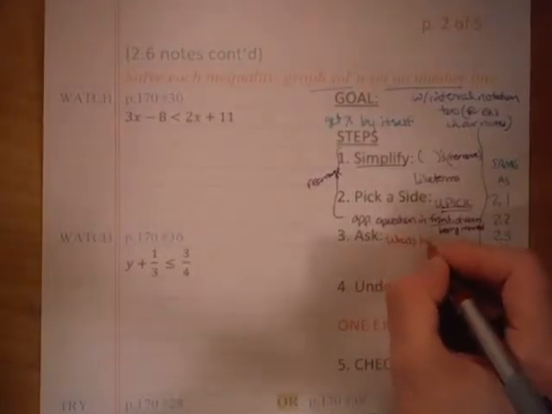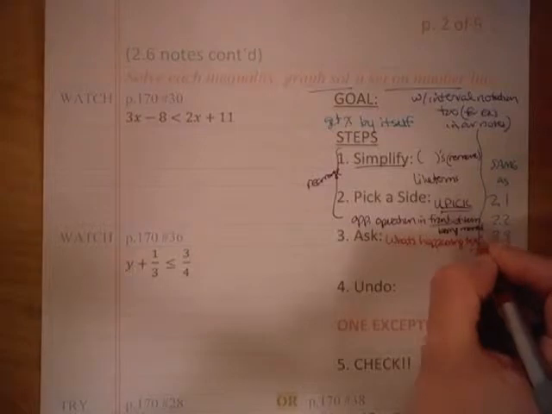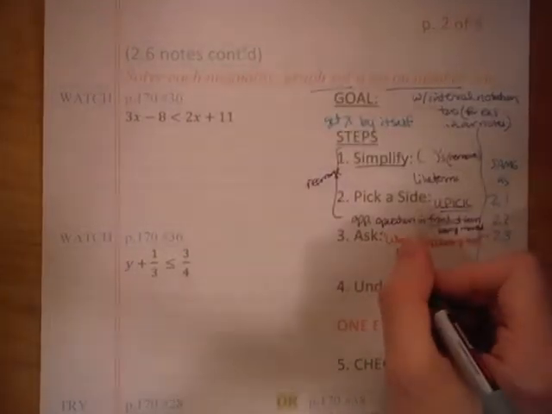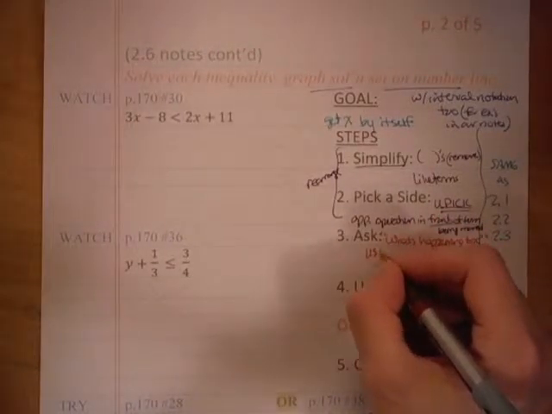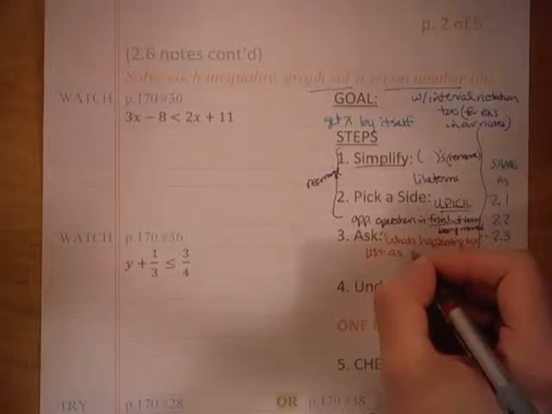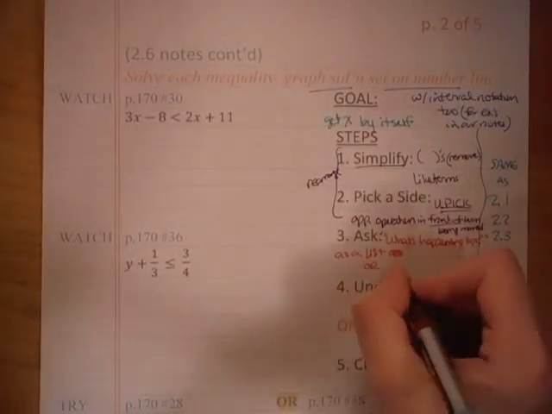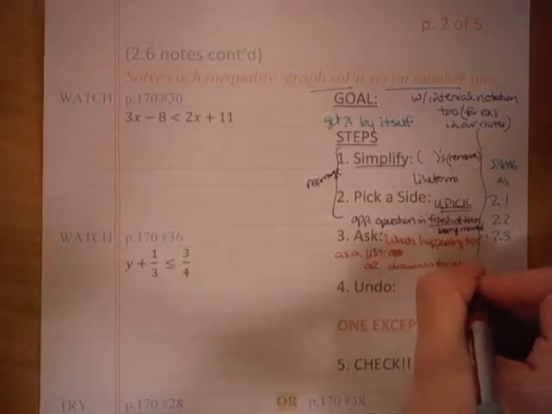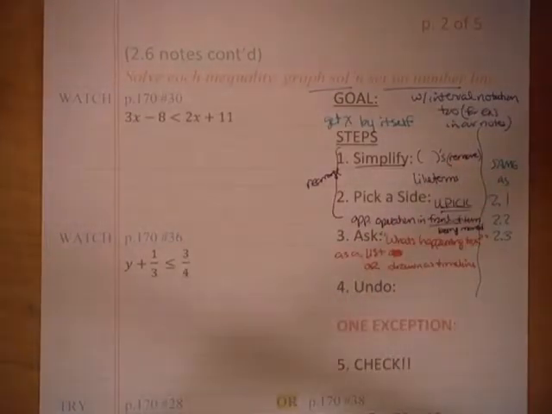Then we ask ourselves, what's happening to the variable, or in this case we'll just use x. So what's happening to x, and then we list that in order, and then we reverse the order of that. Okay, so you can write that as a list, or you can draw it as a timeline. Or for some of you, you might be at the point where you can just kind of think in your head what's happening, and then you can get to where you're comfortable undoing it.